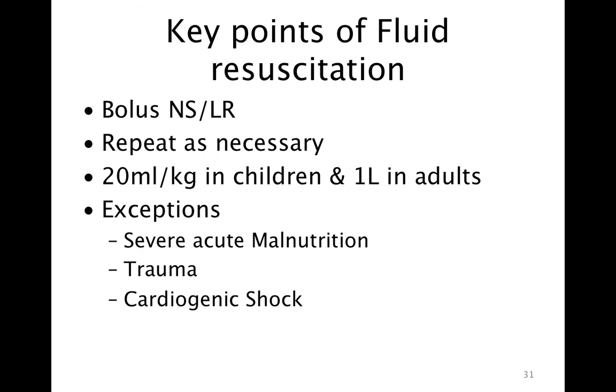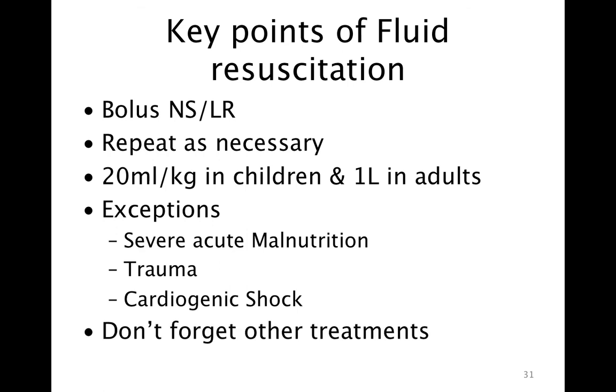Even in cardiogenic shock, patients can often be fluid depleted, and a 10 ml per kg fluid bolus can increase filling pressures in the heart and in turn improve cardiac output. It's very important to look for the cause of shock and not to forget to give other treatments simultaneously with IV fluid to successfully resuscitate the patient.